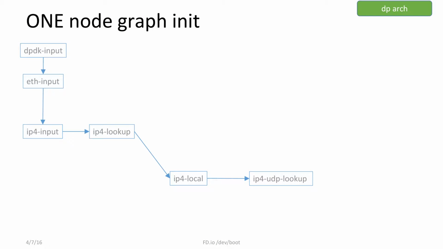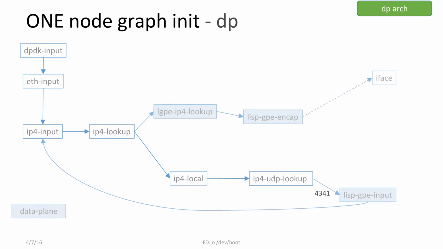How does it finally get to a destination? How does it egress the whole graph? This is just a tiny bit of the graph, to give context to what I'm going to show. So the LISP data path would attach itself.